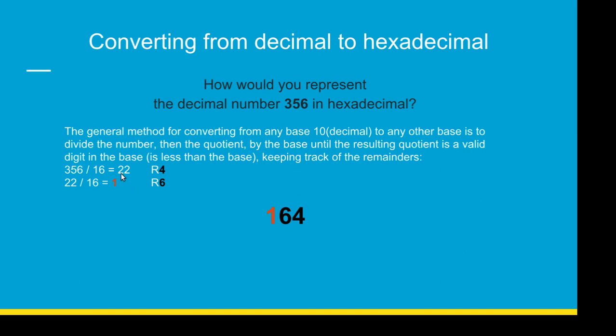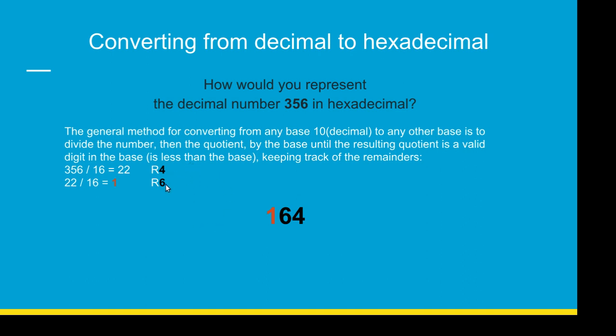We get 22. Then you multiply 22 times 16 and subtract that from 356 to get the remainder. So it's 22 with a remainder of 4. Then we take the 22 and divide it by 16, and we get 1 with a remainder of 6. So 356 in hexadecimal would be 164.